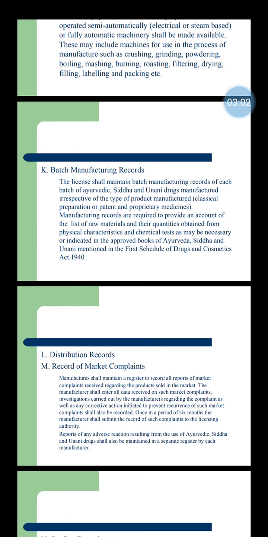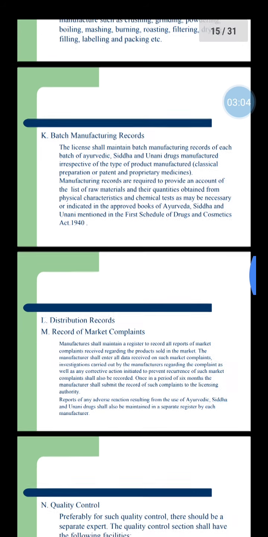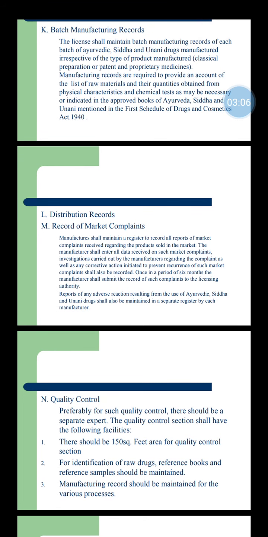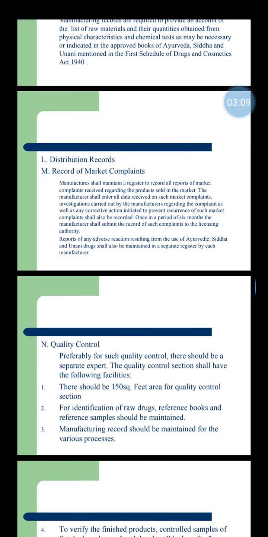So these are the batch manufacturing records. Next are distribution records, then records of market complaints. In that, manufacturers shall maintain a register to record all reports of market complaints received regarding products sold in the market.